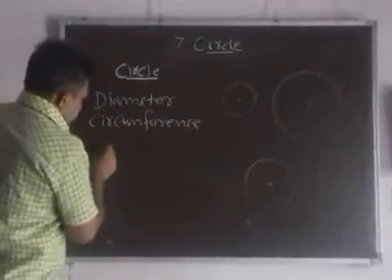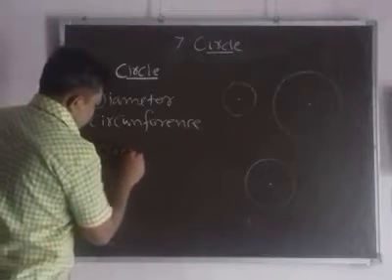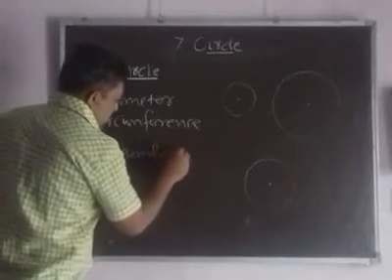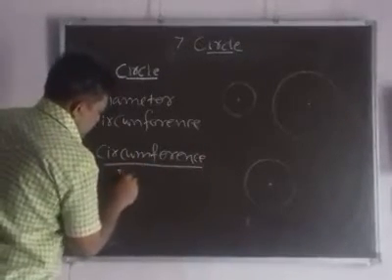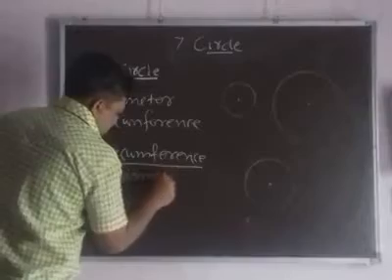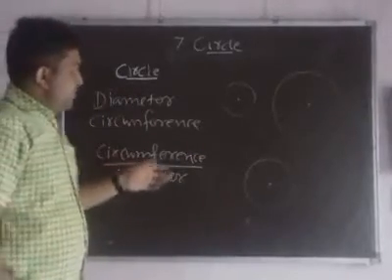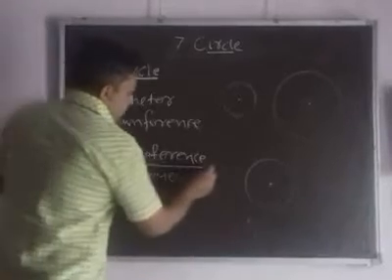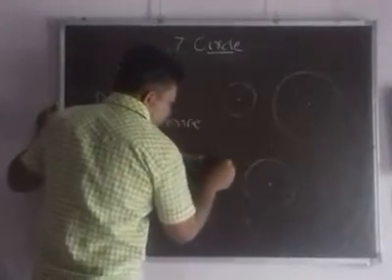When the ratio of circumference and diameter was taken for any circle, a constant value was found and it is named as pi.